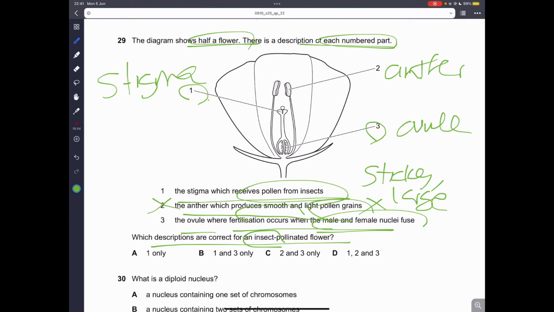That is where the male and female nuclei fuse, and that is correct. Option number one, the stigma receives pollen from the insects. They do receive pollen from the insects because the insect will brush against the anther and the pollen will land on the stigma. Therefore, 1 and 3 are correct. B is the correct answer.